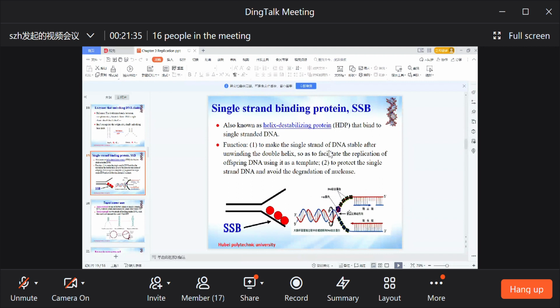This kind of protein makes the DNA strand stable after the unwinding of the double helix, so it facilitates the replication of the offspring DNA. Another thing, it protects against attack by nucleases, especially endonucleases.